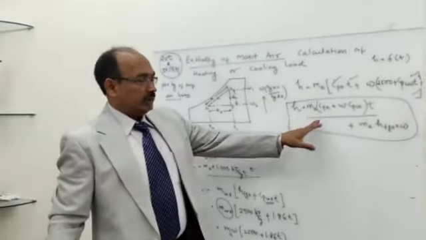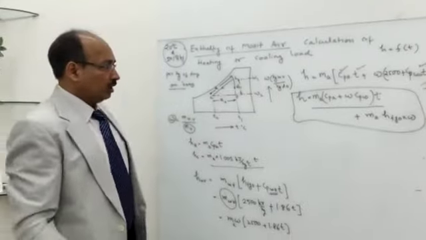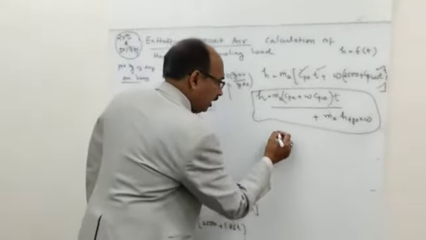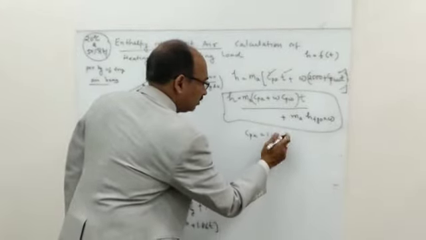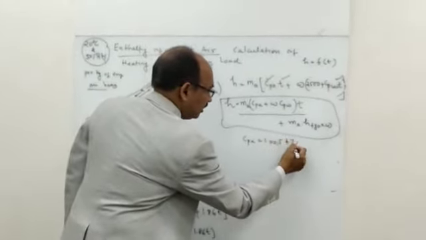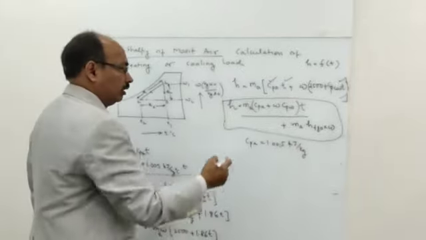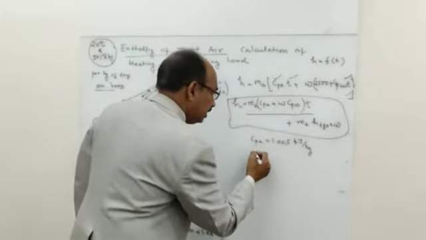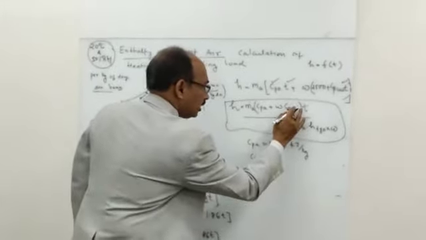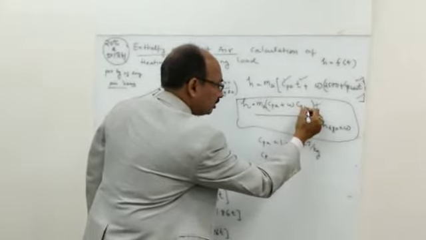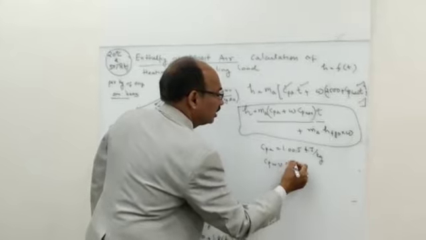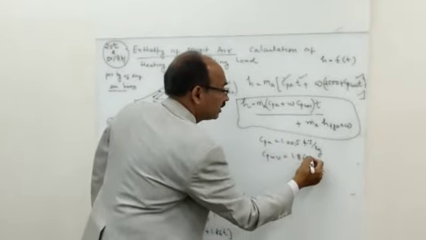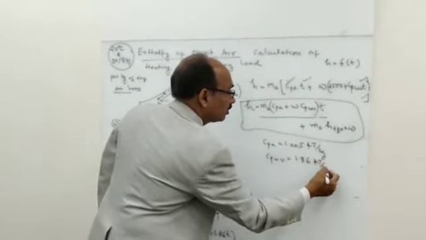Now we can simplify this expression. CPA is 1.005 kilojoule per kg, and Cp water vapor is 1.86 kilojoule per kg.